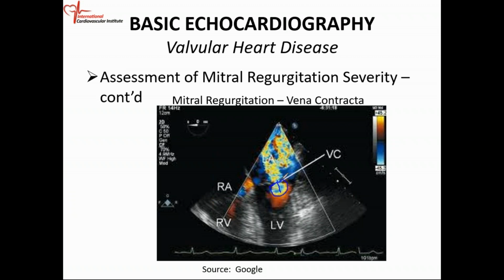And then all the velocity on the surface, this is the surface area, all the points on this surface are going to have the same velocity. The good thing about doing PISA is that you can adjust your aliasing velocity.